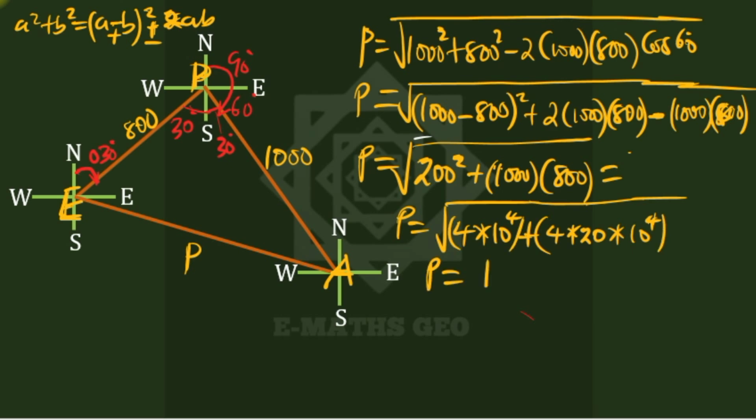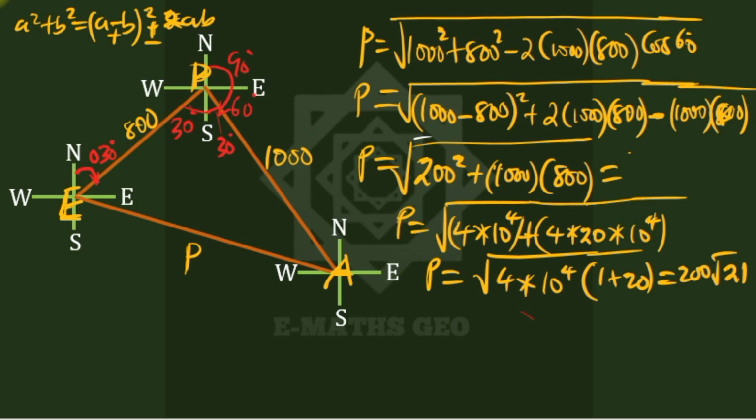What is common? I'm seeing 4 and 10 raised to power 4. So we are left with 1 here and 20 here. The square root of 4 is 2, and the square root of 10 raised to power 4 is 10 raised to power 2. So I have 200 root 21. That's our distance p.